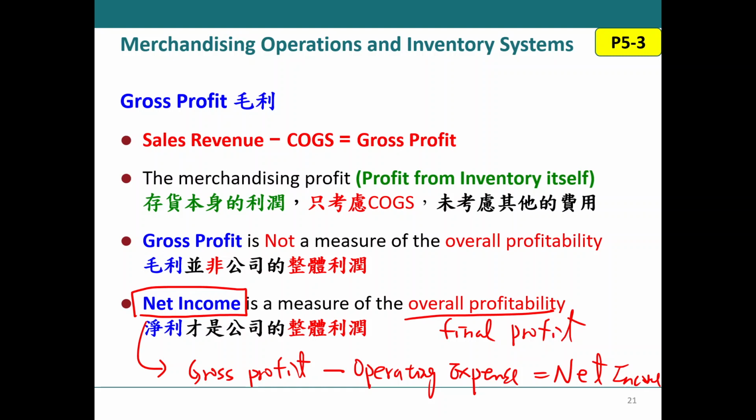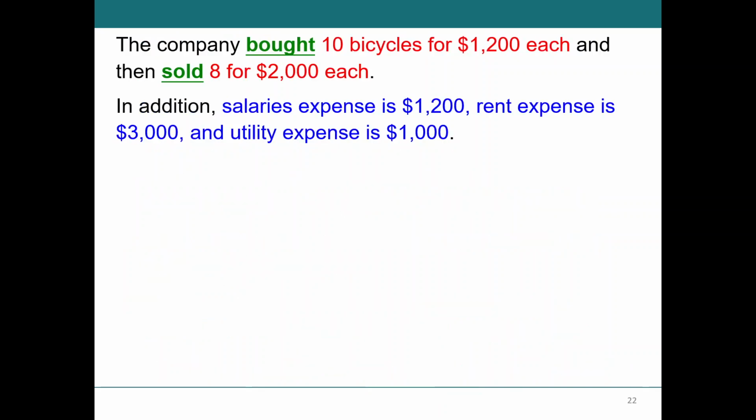Based on this, one practice, then you can go home. No problem? Right here. Finish that, you can go home. Today, your company purchased 10 bicycles, each one 1,200. Then later on, you sold 8. 2,000 is your selling price, okay?